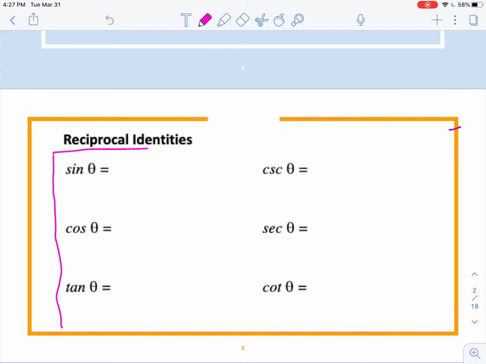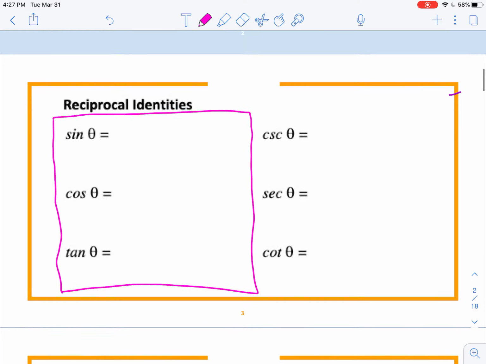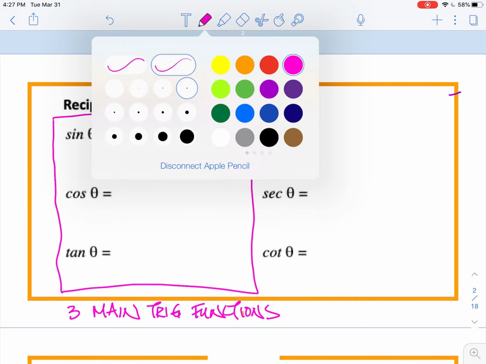These three functions right here are ones that we would call the three main trig functions. So when you think about trig, a lot of us think sine and cosine and tangent, and that's exactly our three main trig functions.